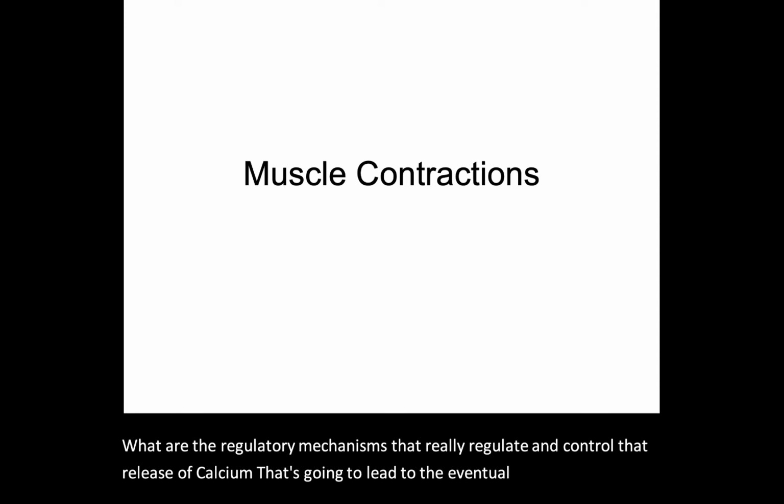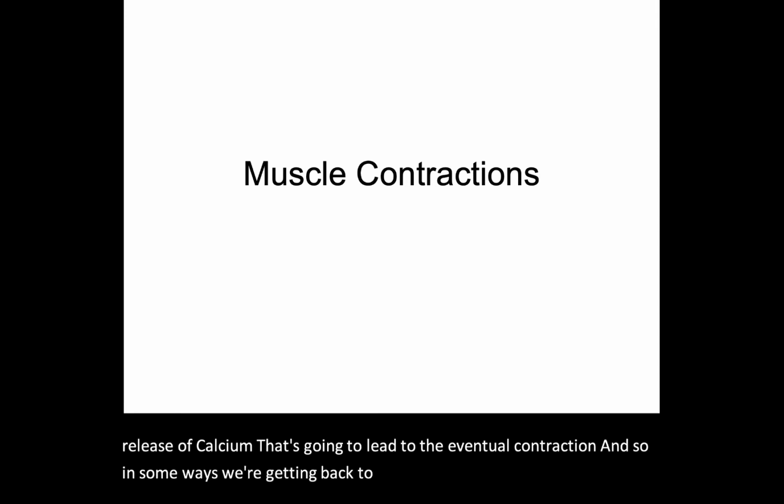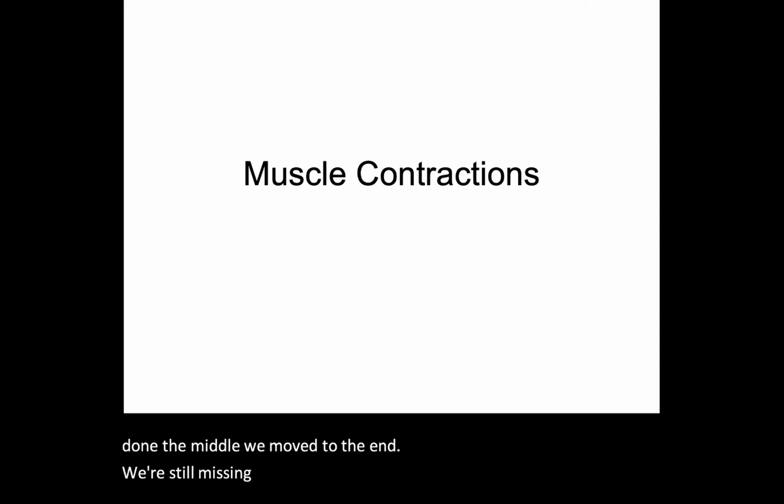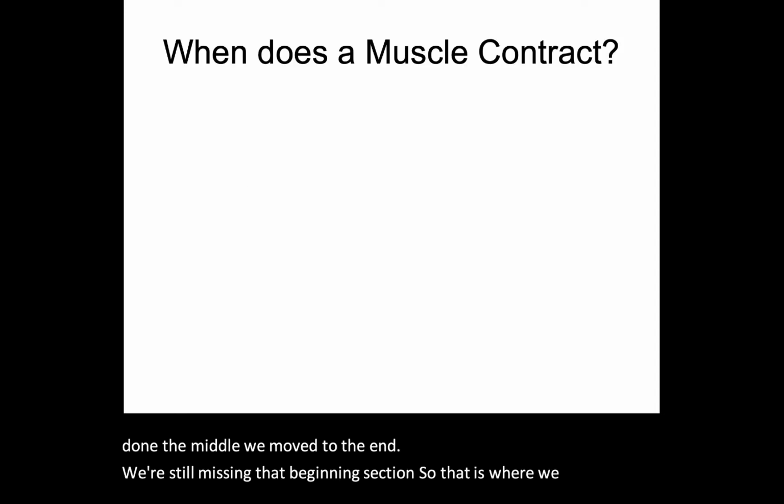In some ways we are getting back to the beginning part of our story. We've done the middle, we moved to the end, but we're still missing that beginning section. And that is where we are going in this video today.